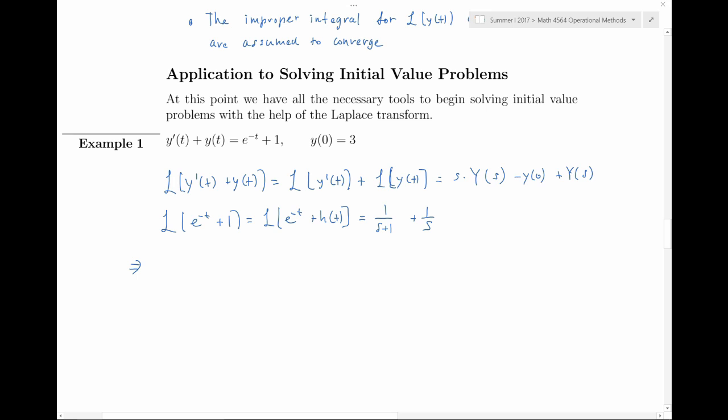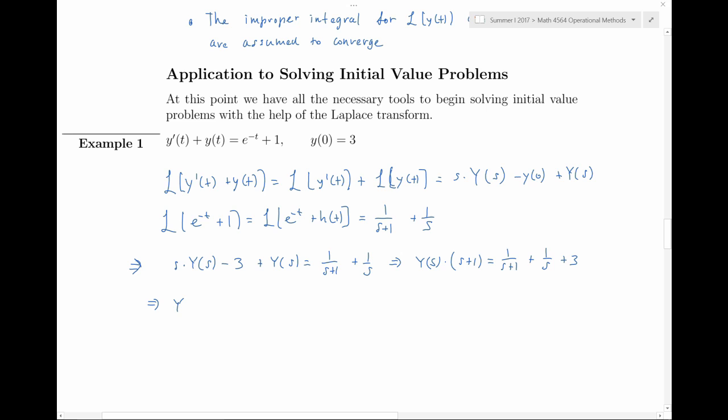And as a result, we have the following equation. That some combination of capital Y of s should be equal to 1 over s plus 1 plus 1 over s, which results in the following equation, that Y of s multiplied by s plus 1 should be equal to 1 over s plus 1 plus 1 over s plus 3.